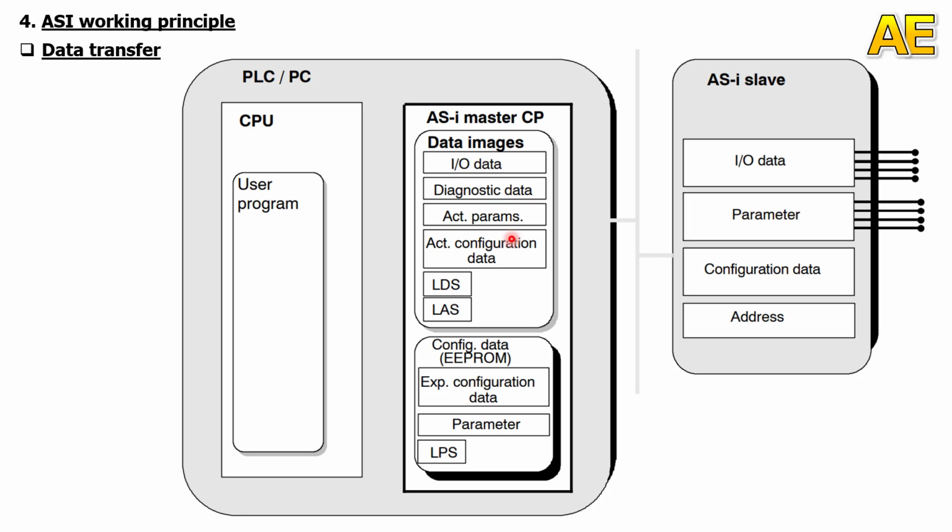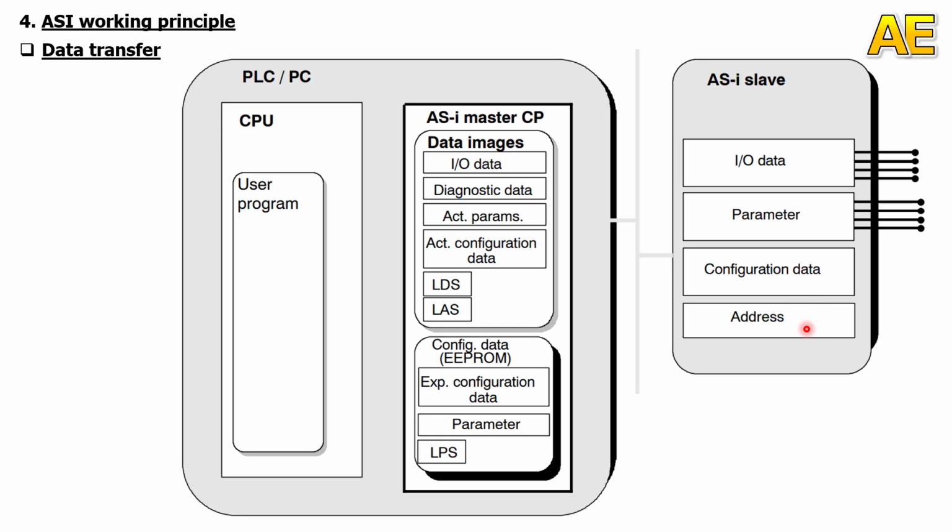Next we come to the data on the ASI slave. On the ASI slave we have the I/O data here, we have the parameter, and we have the actual configuration data here. This is the configuration data, which includes the I/O configuration and the ID code of the ASI slave. And the final one is address.